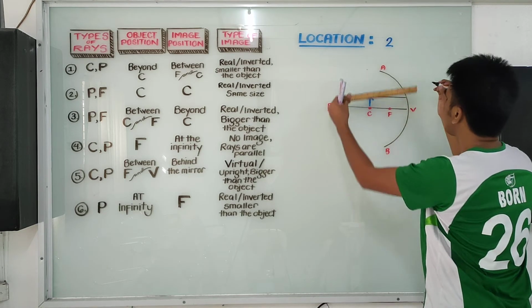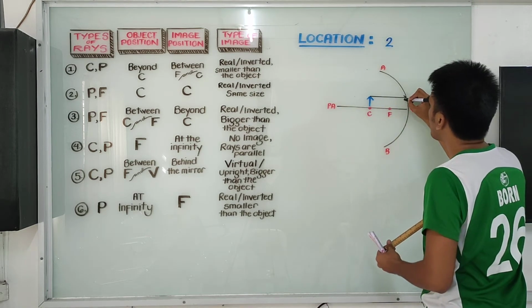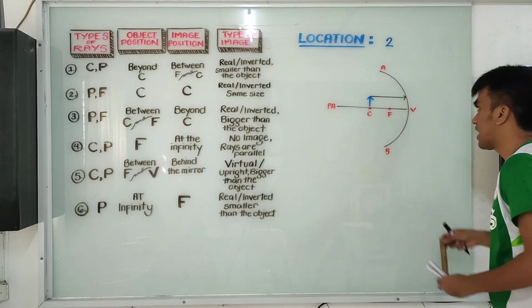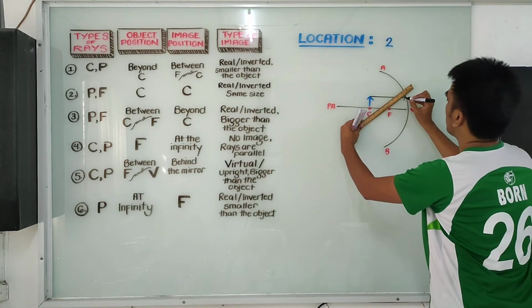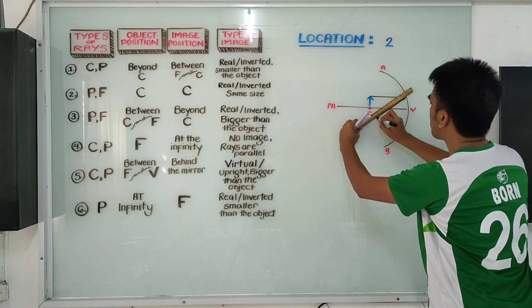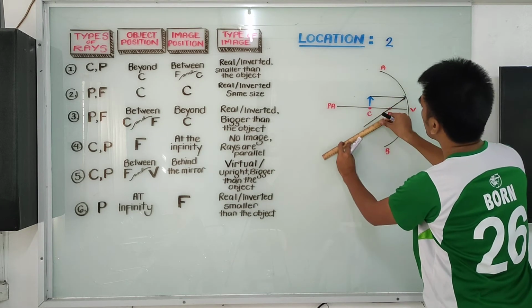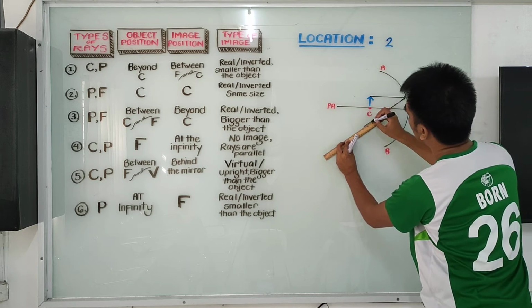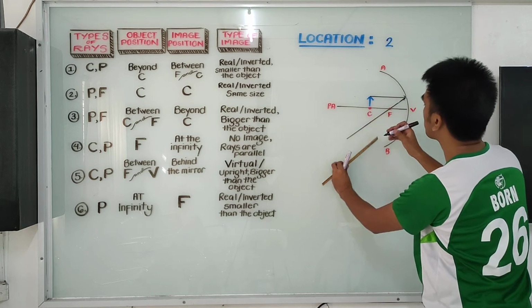So the incident ray is parallel to the principal axis, and the reflected ray will always pass through the focal point.